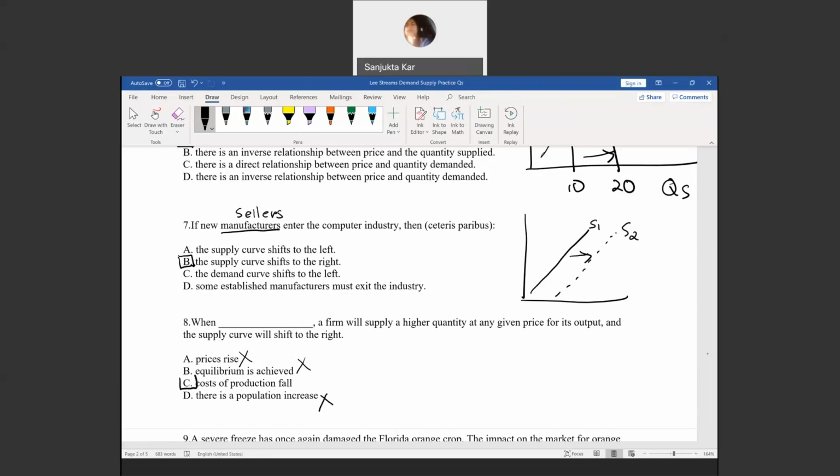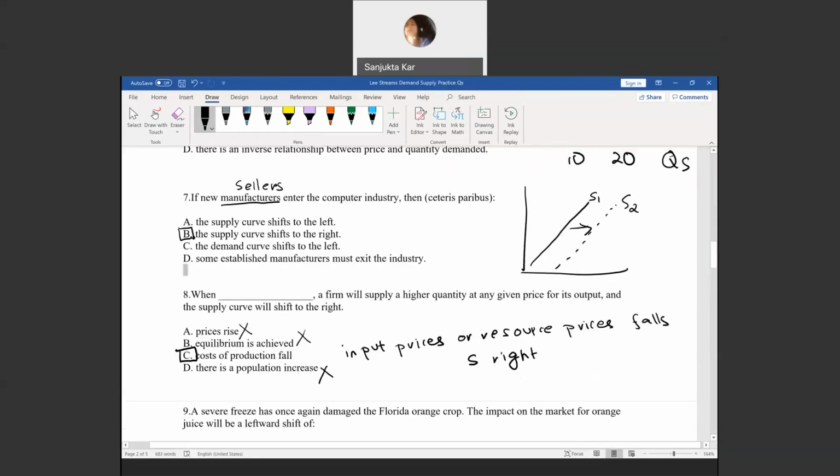This is going to be C, cost of production falls, or from your PowerPoints, when input prices or resource prices fall, the supply curve is going to shift to the right. So that's going to be the answer to question number 8.